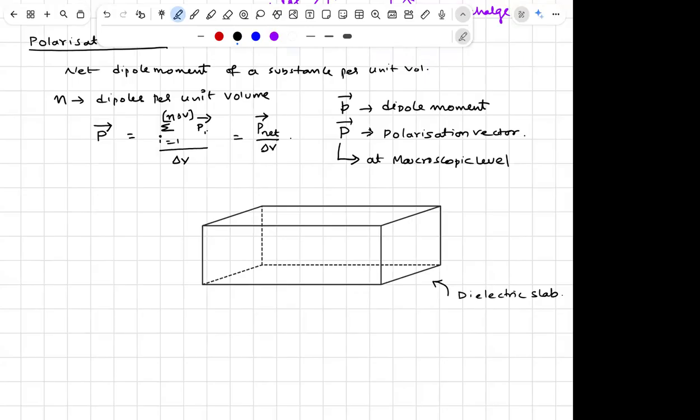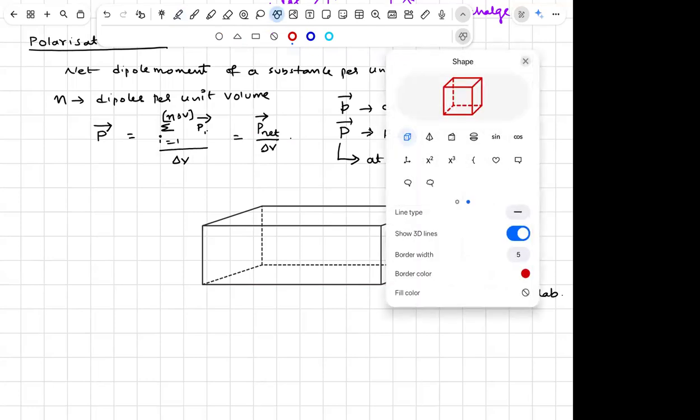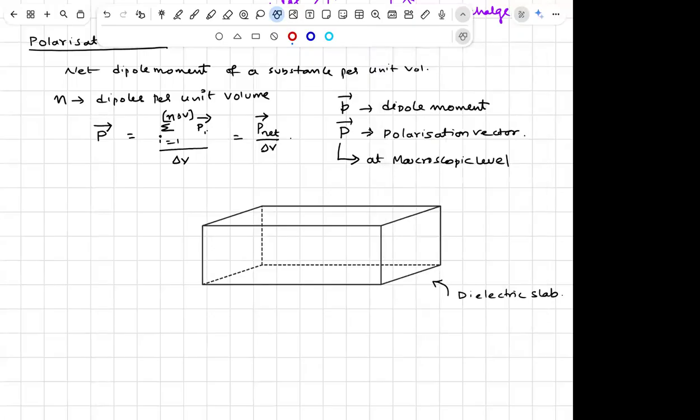In that slab, I am just taking a small volume.